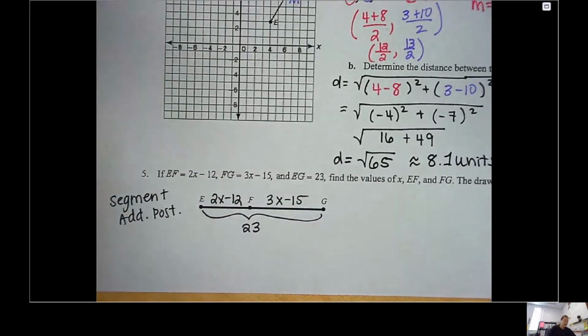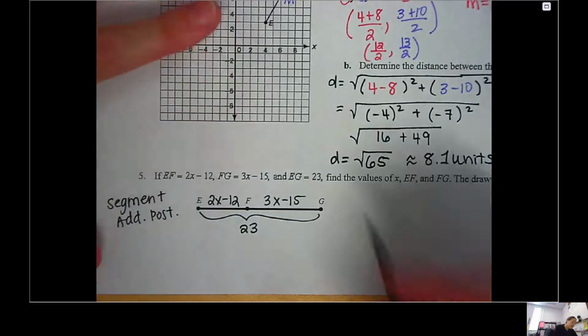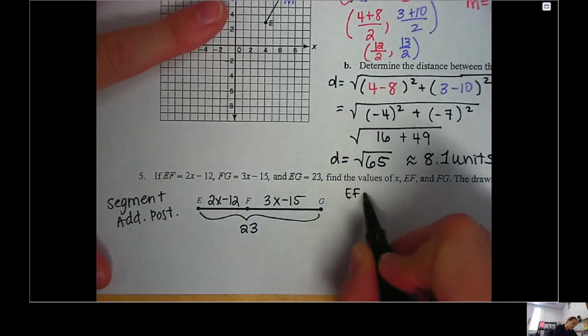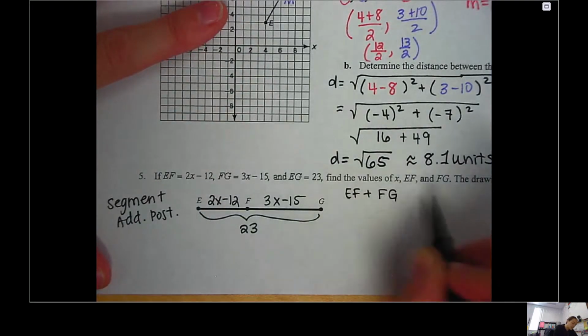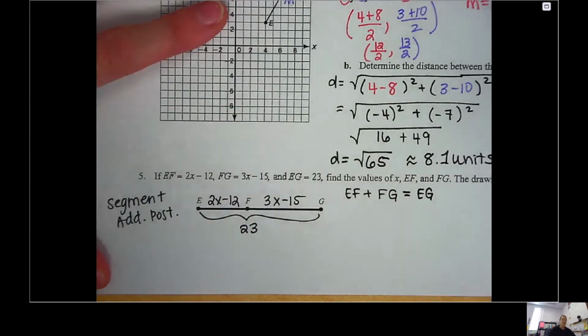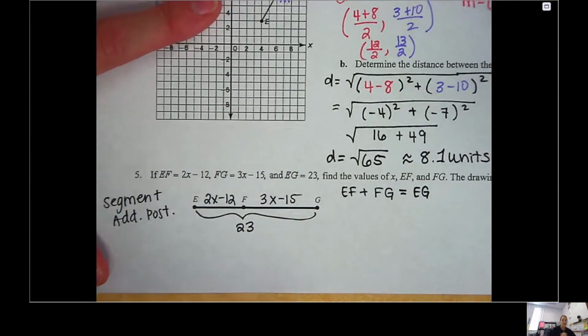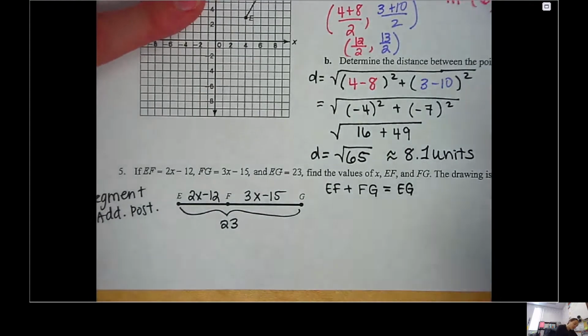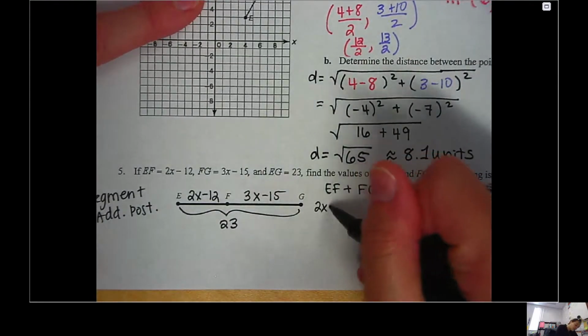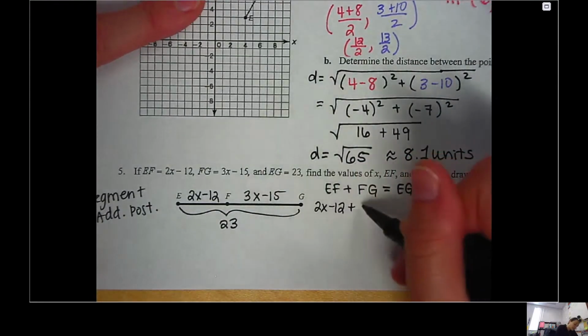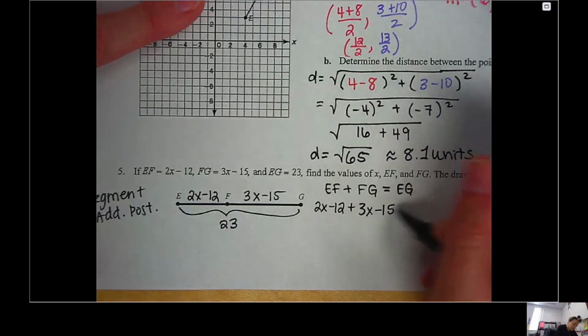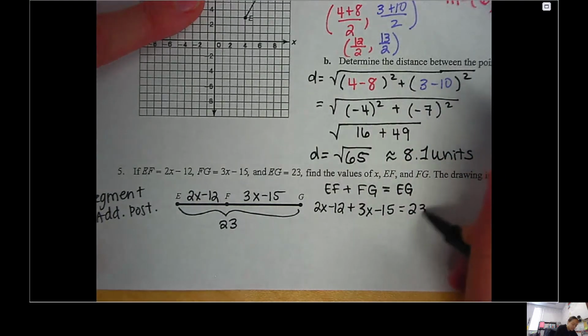It says if I add together EF plus FG, the two small pieces, I should get the whole thing, which is EG. So all I'm going to do is take the equation, substitute them in, and then it just becomes an algebra problem. So I've got 2x minus 12 plus 3x minus 15 equals 23.